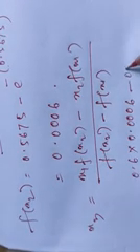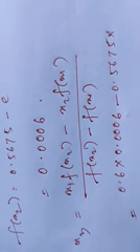Again the value of x2 is 0.5675 into f x1. What is the value of f x1? It is 0.0512, divided by f x2, that is 0.0006, minus f x1. f x1 is 0.0512.